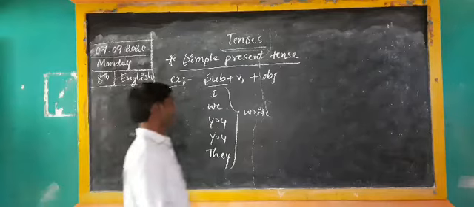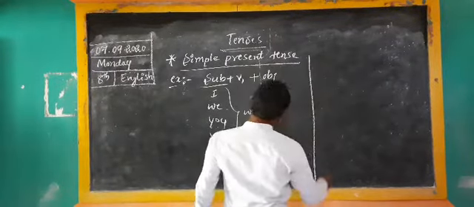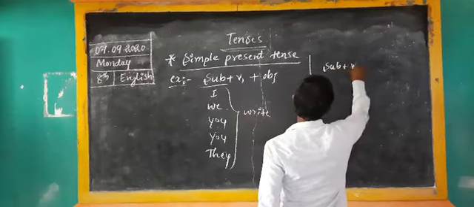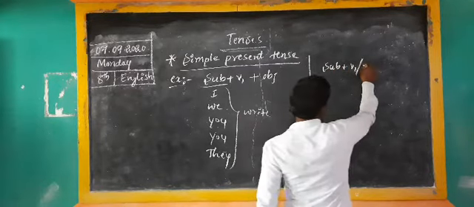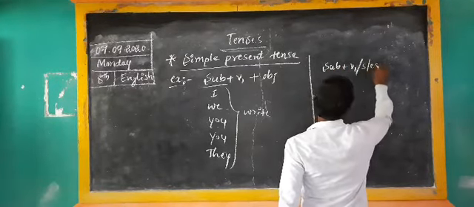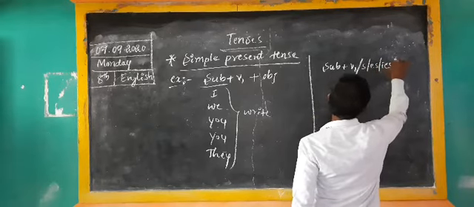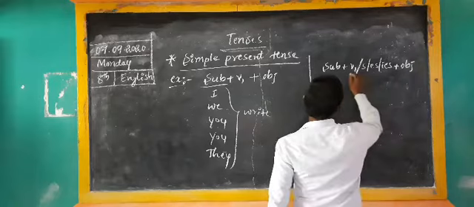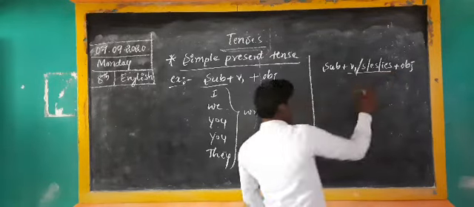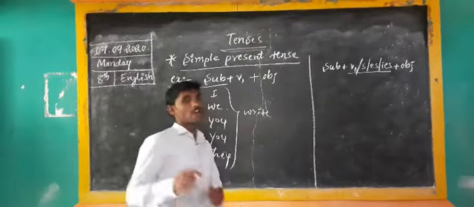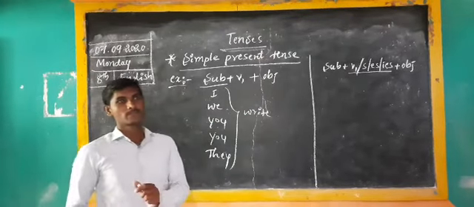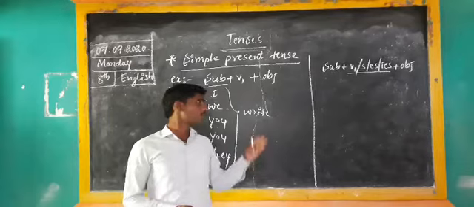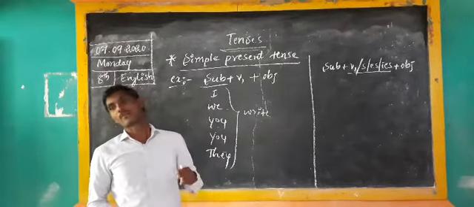But it has one more formula, that is subject plus V1 with an s form, es form, or ies form, and after that the object. It is a confusion when we are writing a grammatically correct sentence, so we have to understand this formula very carefully.